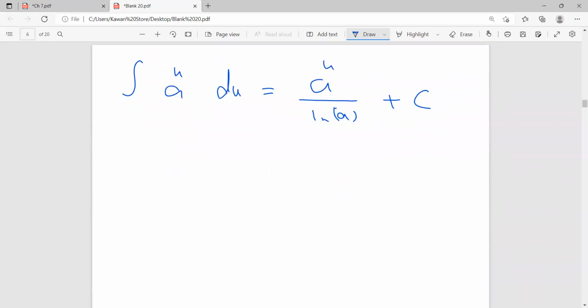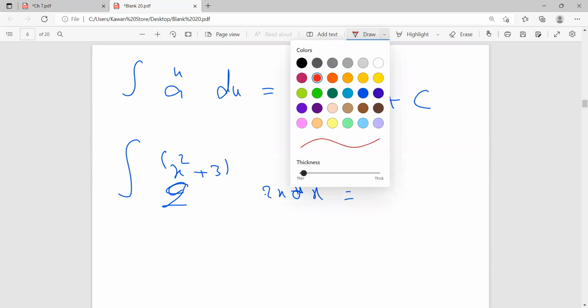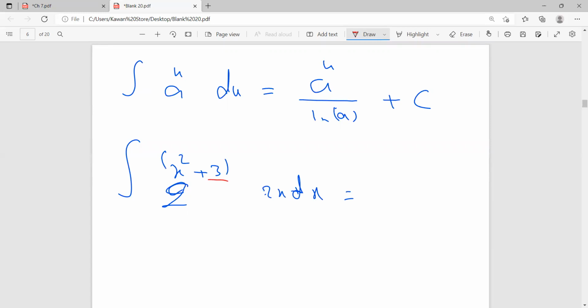Example to understand: we have 2 to the power x squared, and now I have 2x plus nothing dx. So where's the hat? The derivative of the power is equal to what? 2x dx.